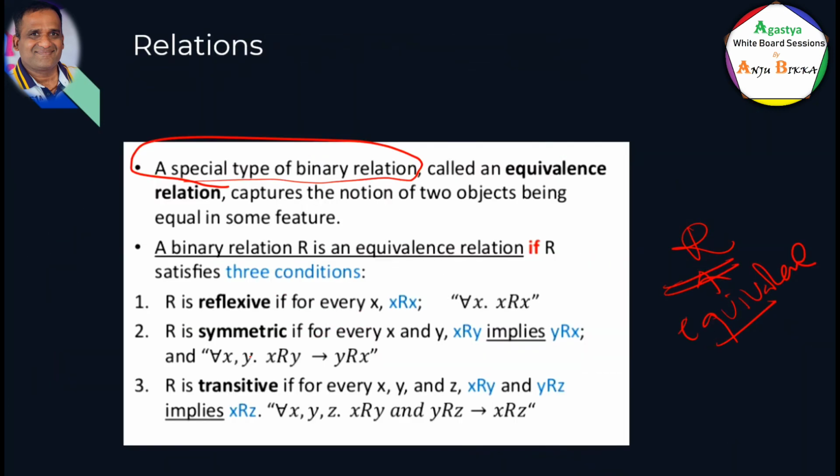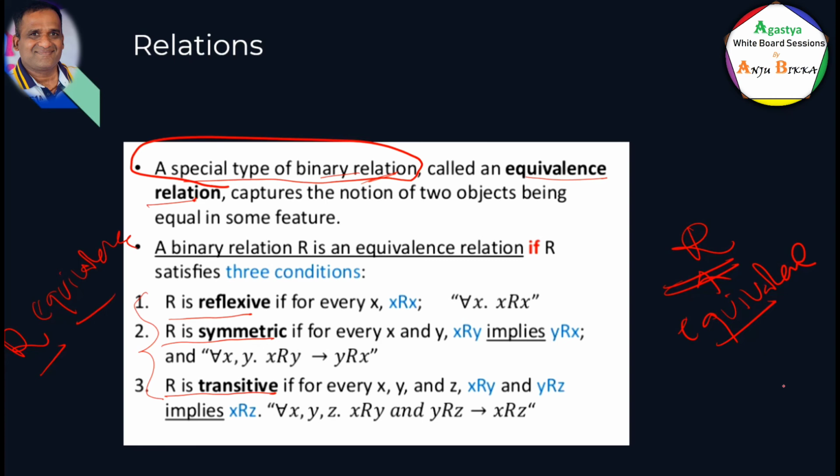Now we come to a special type of binary relation. That binary relation is called an equivalence relation if it satisfies these three: if the relation is reflexive, if the relation is symmetric, and if the relation is transitive, then the relation is called an equivalence relation.